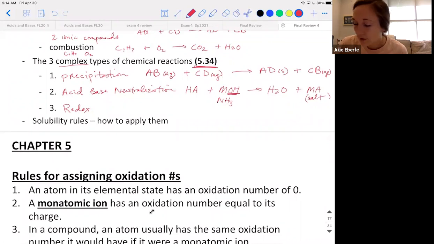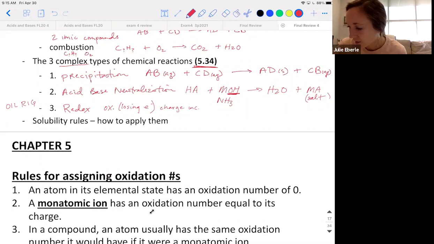Redox, we have oxidation and reduction. So what is oxidation and reduction? Oxidation, remember OIL RIG? Okay, oxidation is the loss of electrons, okay? Losing electrons. So what happens to the charge? We say charge. What happens to the oxidation number? The oxidation number increases. I'm going to write charge because it's the same idea as charge.